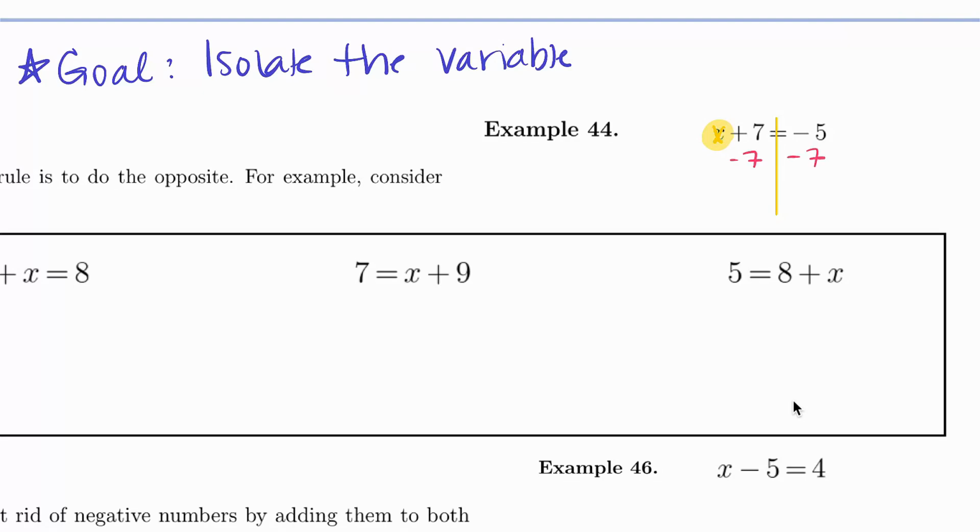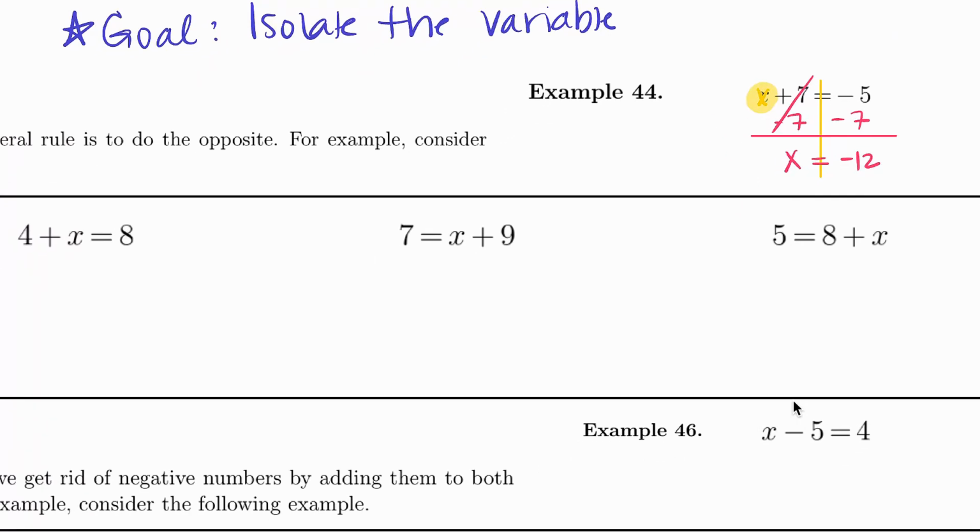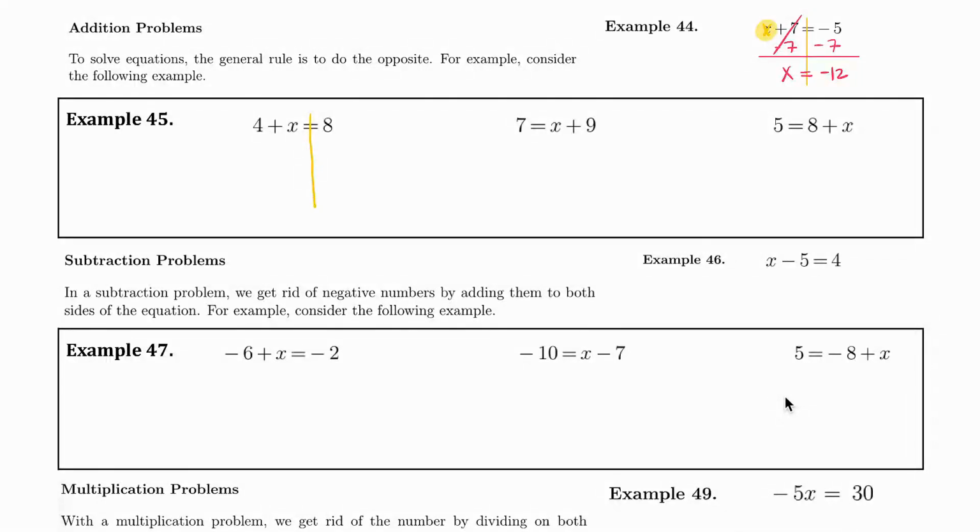And to keep this balanced, whatever we do to one side, we have to do to the other side. 7 minus 7 is 0. It cancels. That's what we want to happen. And we're left with just x equals negative 5 minus 7, which is negative 12.